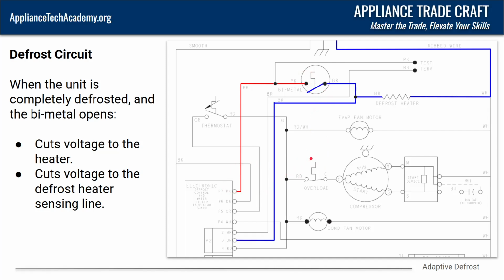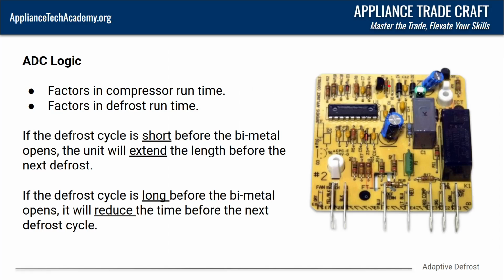So if it was closed for, let's say, 3 minutes this time, and the next time it was closed for 10 minutes, that shows how long it takes for that defrost heater to fully clear up the evaporator. And the assumption is if it takes longer, there's more frost buildup. So when it comes down to the adaptive defrost logic, it's factoring in the compressor runtime, the defrost runtime, things like that.